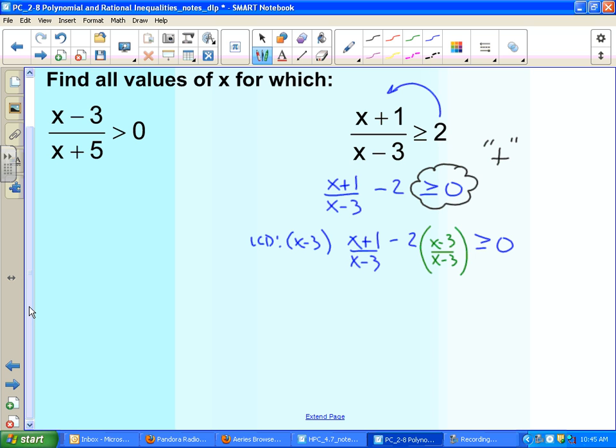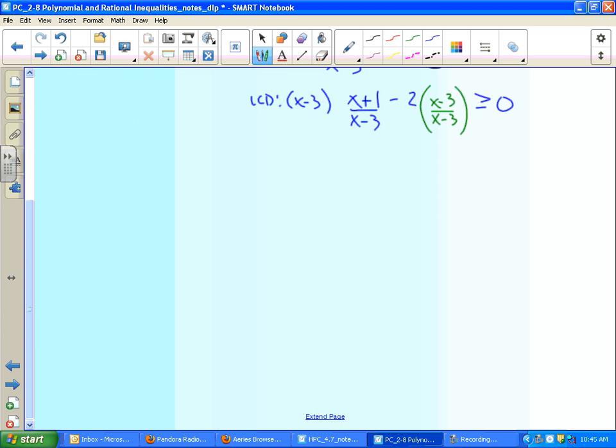So let's not do that, so that when we set this thing up, we have an x minus 3 in the denominator, and I will then know that when it comes to testing my sign chart, a 3 is not a 0. A 3 is a vertical asymptote for this graph, which means I can't ever be equal to 3. So, yes, I could multiply x minus 3 and then get rid of that x minus 3, but then you'll lose your asymptote. So let's leave it as a fraction.